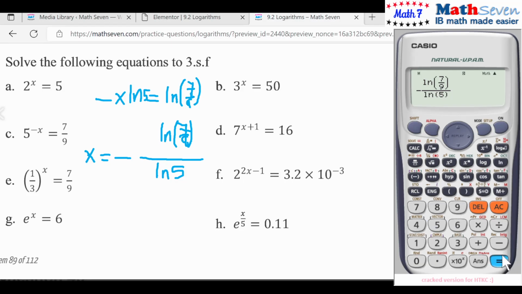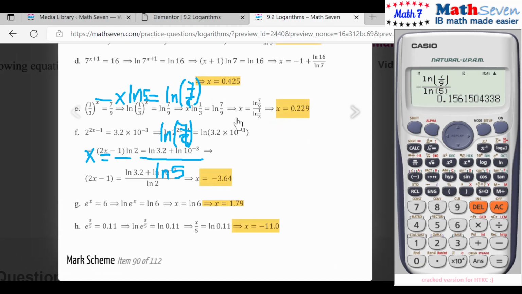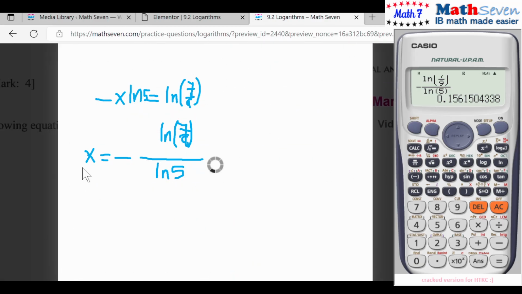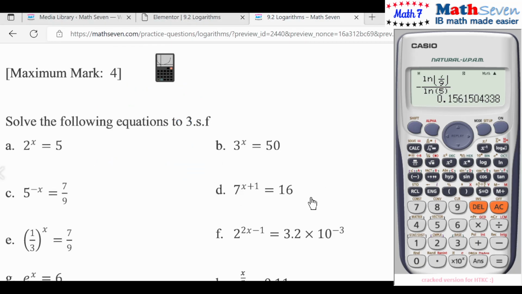So it's calculator stuff. It comes out as 0.156. Check the mark scheme. 0.156, done deal.